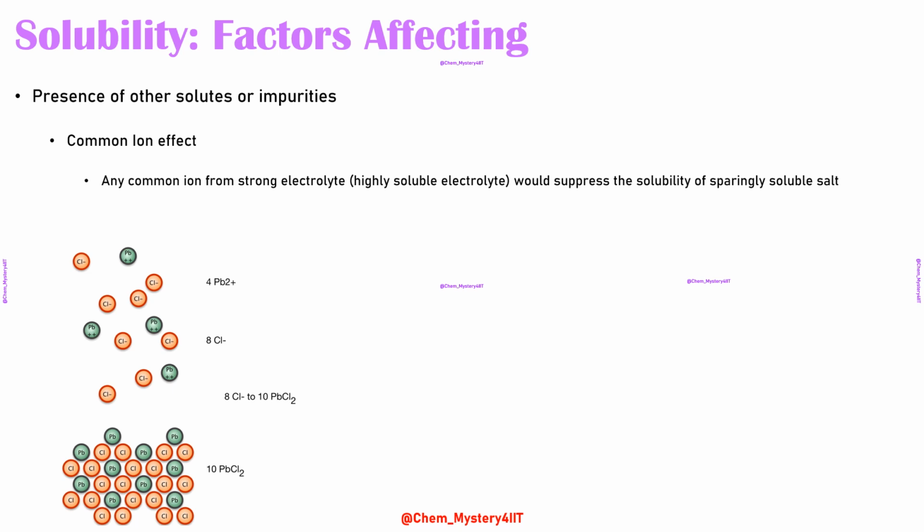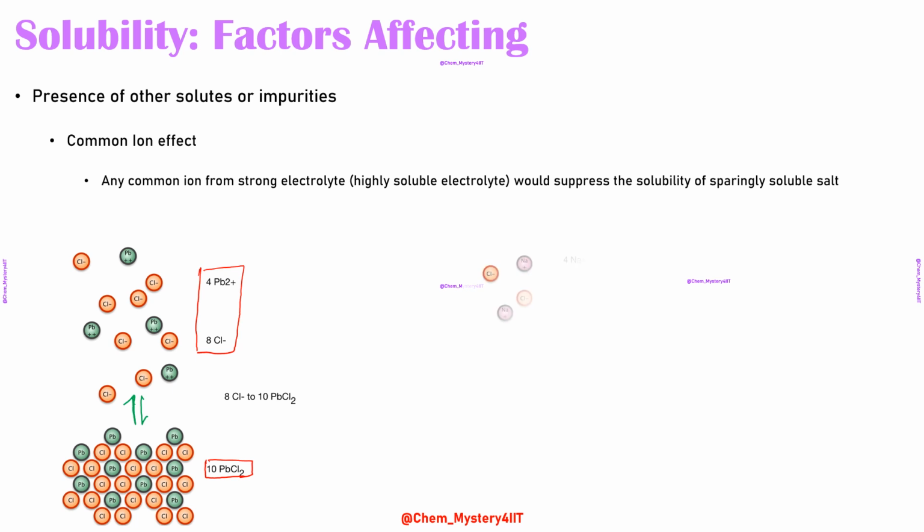When we put 4 lead ions and 8 chloride ions in solution, this is an equilibrium in which lead ions and chloride ions combine to form PbCl2, and then some of the PbCl2 can dissociate back, giving us lead ions and chloride ions. So the final situation, which can be related to the KSP equilibrium, is 10 of the solid PbCl2 and 4 of the dissolved PbCl2, which gives you 4 Pb2+ ions and 8 chloride ions. This is present in our solution.